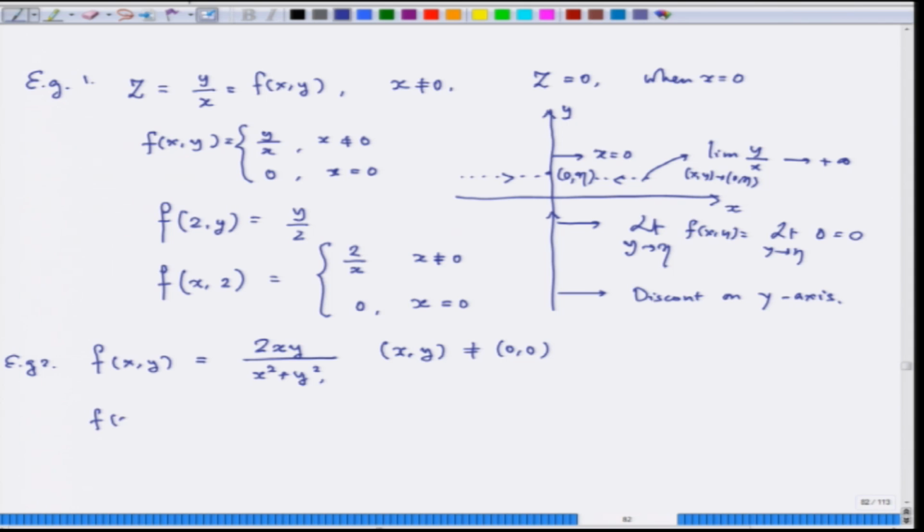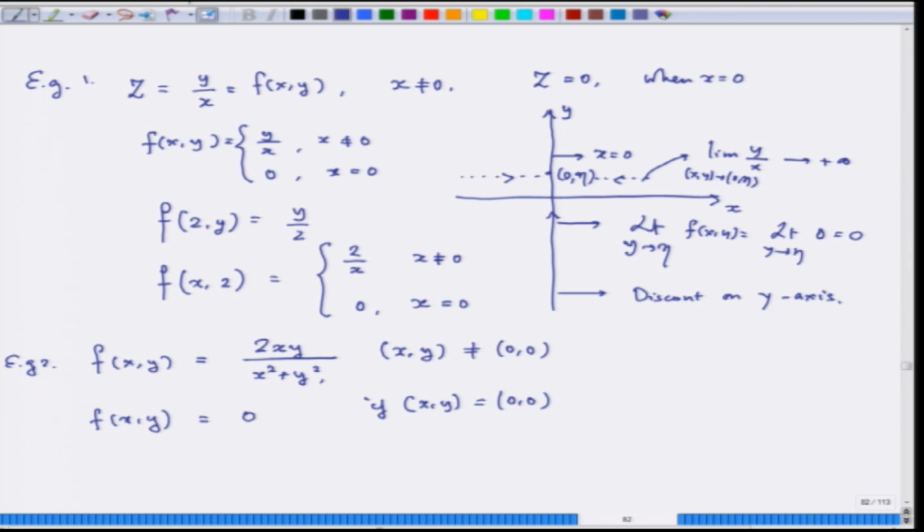And f x y is defined as 0 if x and y are equal to 0, that is just the origin. So, when y is not equal to 0, it does not matter whether x is 0 or not, the function value is 0, because even if x is 0, the function value is 0.